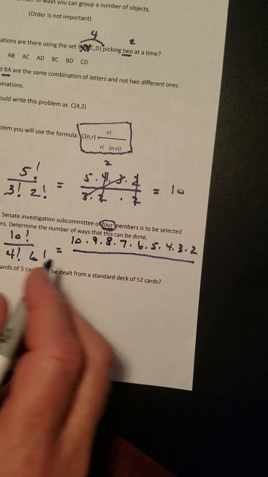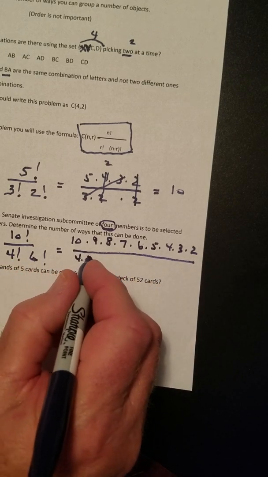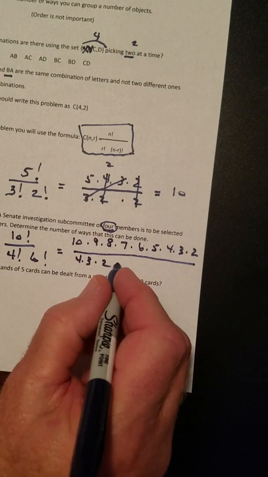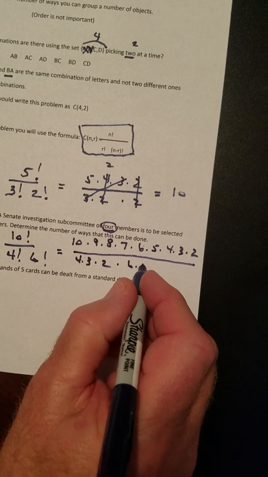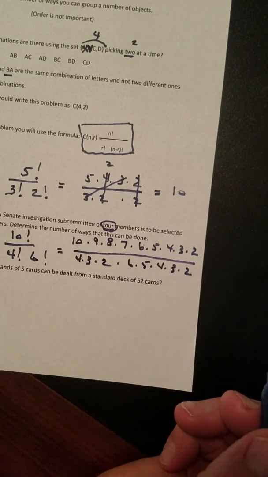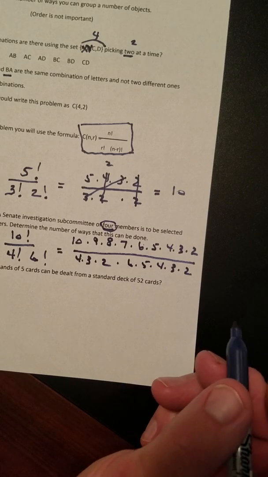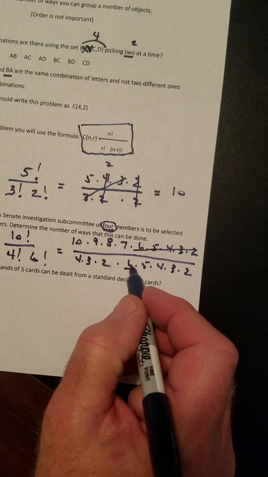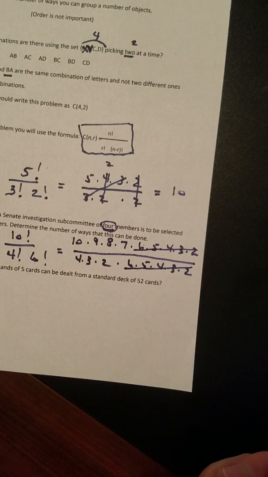On the bottom, I got 4 factorial, so it's 4 times 3 times 2. And then 6 factorial is 6, 5, 4, 3, 2. Now I do it this way because you can see 6, 5, 4, 3, 2 here cancels a 6, 5, 4, 3, 2 on the bottom.